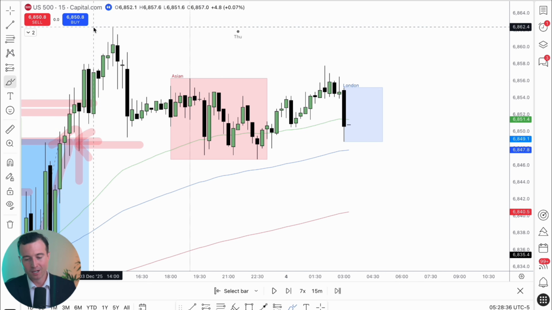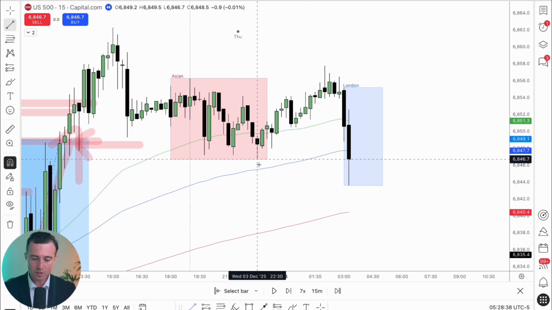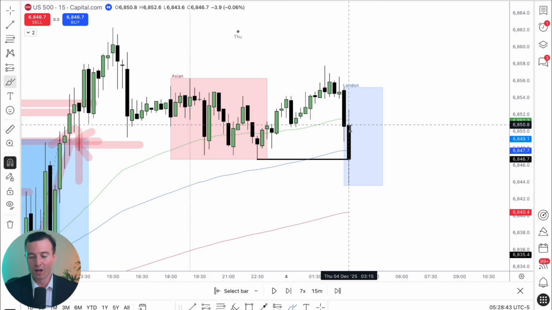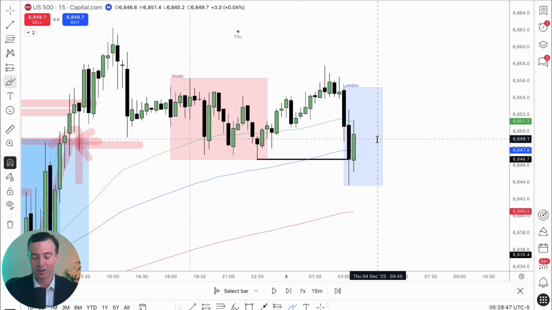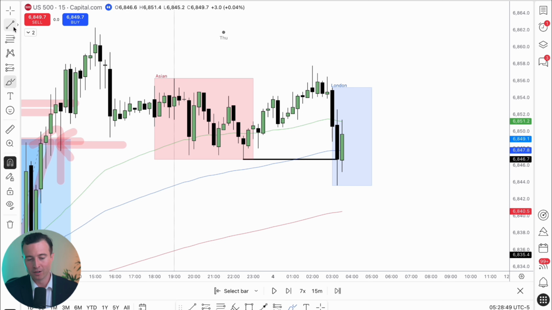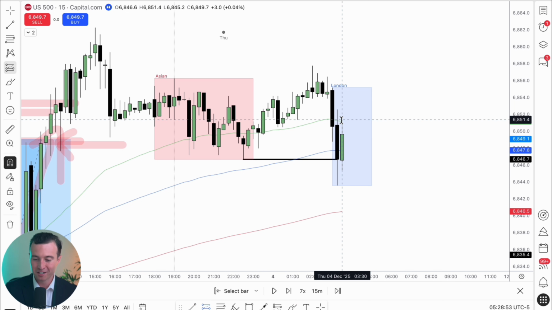So similarly to navigate London, you can see we have Asia low right here. And so you're looking for that liquidity sweep below this level. So we get that right here. And then also you're waiting for your confirmation during, remember, it has to occur during the kill zone.